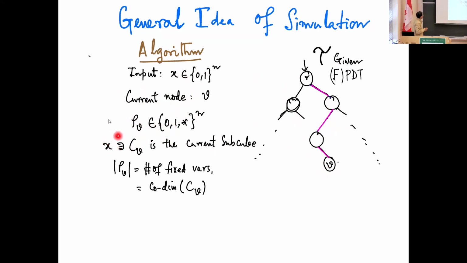So X, the input, is contained in this cube that I'm currently in, and this will be my number of fixed variables, which is equal to the codimension. And over here on the other side, I have this affine space.